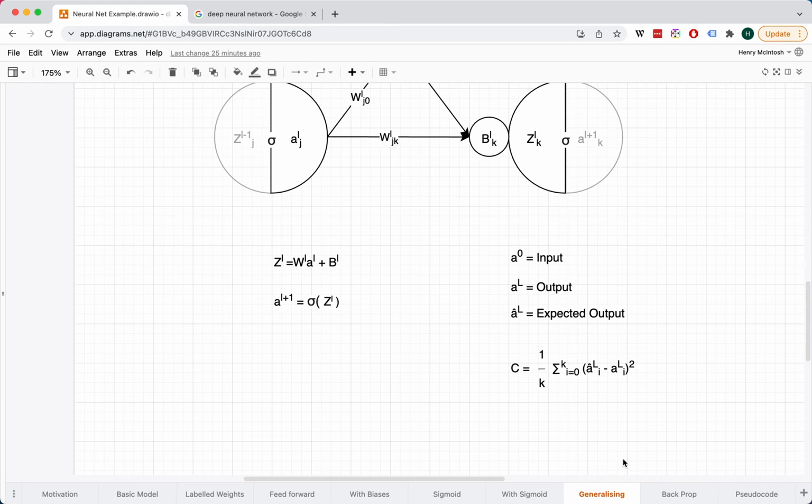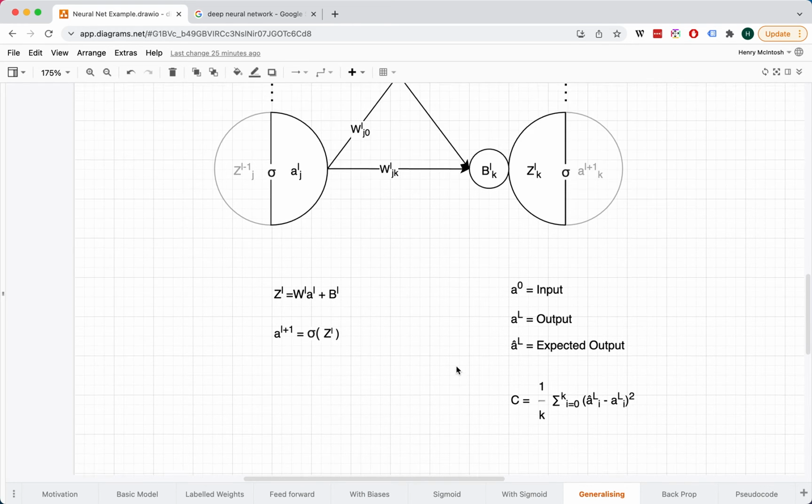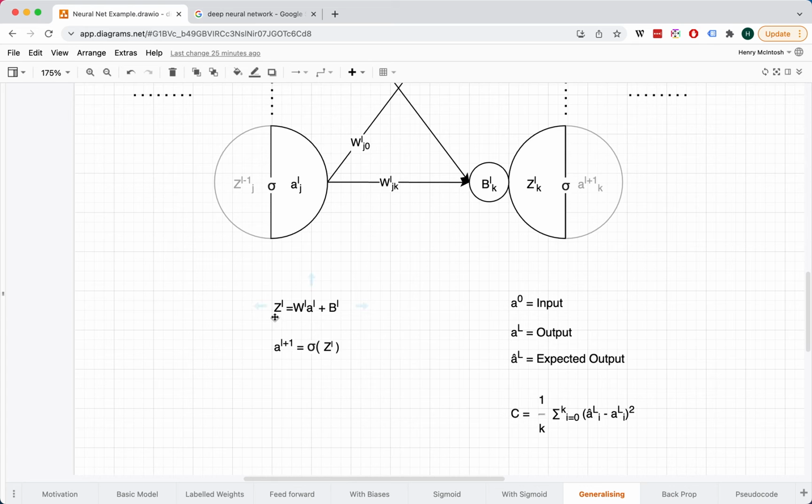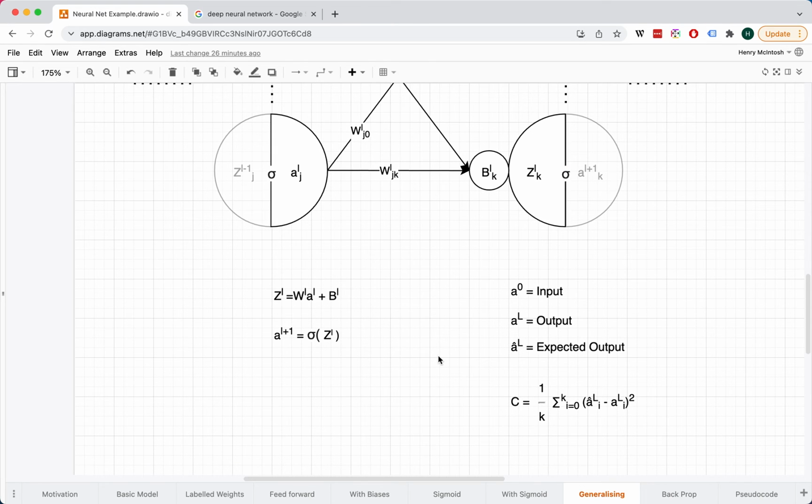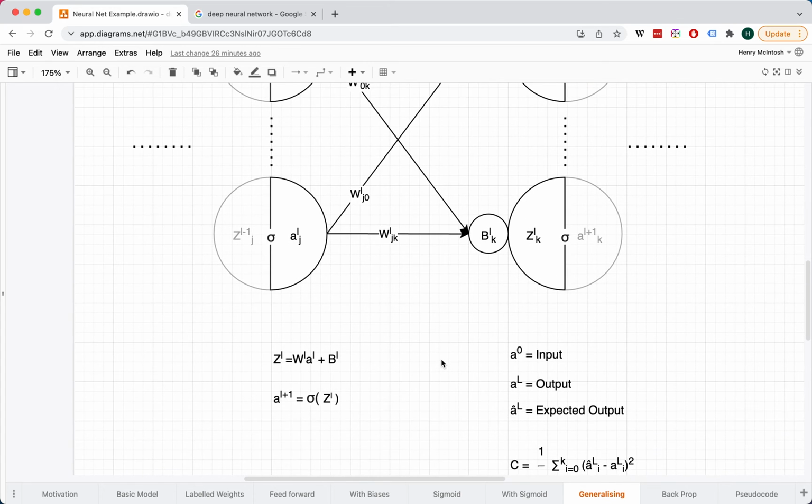So that's our cost, and then here we've got our definitions, again defined inductively for Z and for A of l plus 1 and things. So that's how we get Z, and then sigmoid takes us from Z to the next layer. So that's how we can generalize this, and now we need to figure out how we're going to learn, how we're going to teach this thing, right?